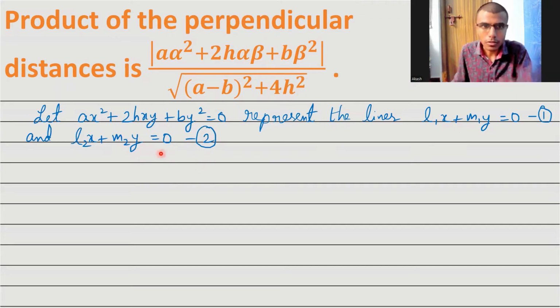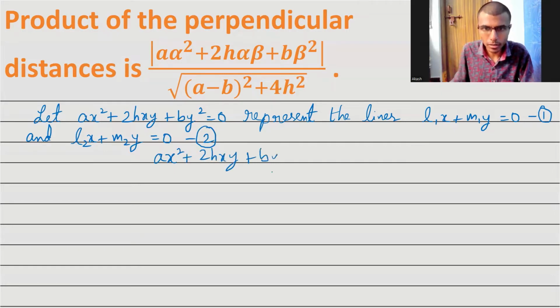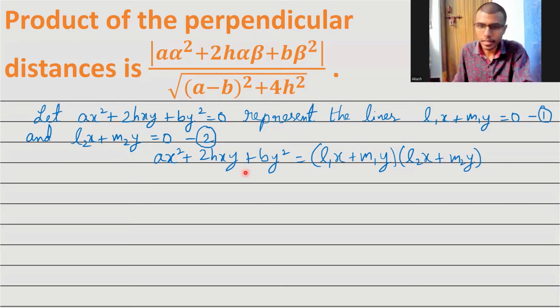Since this pair ax square plus 2hxy plus by square equal to 0 is representing these two lines, I can say that ax square plus 2hxy plus by square is nothing but equal to L1x plus M1y into L2x plus M2y.